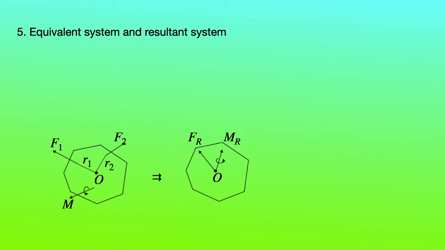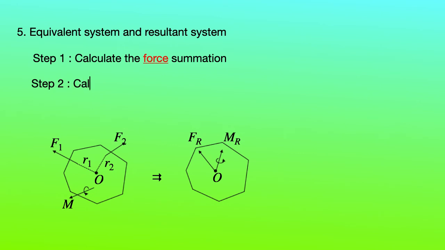The first step is to calculate the force summation. We add all the forces to become a single force. The second step is to calculate the total moment around a point, for example point O or point A.